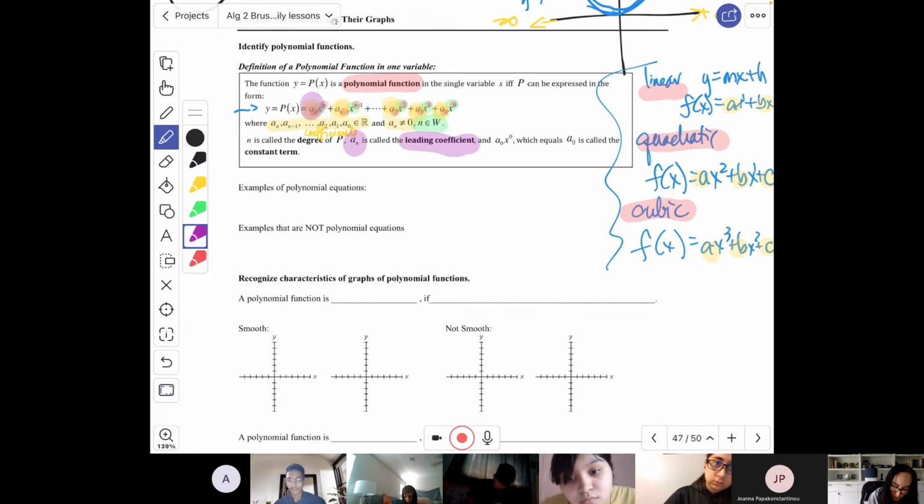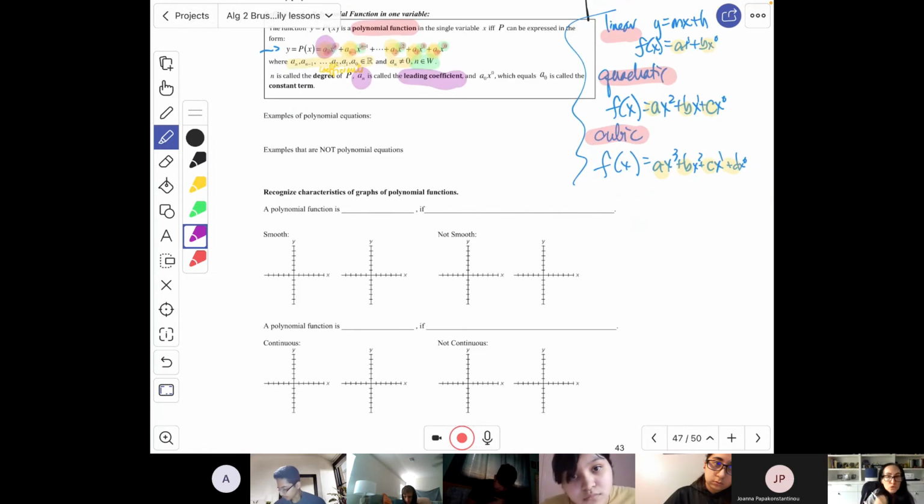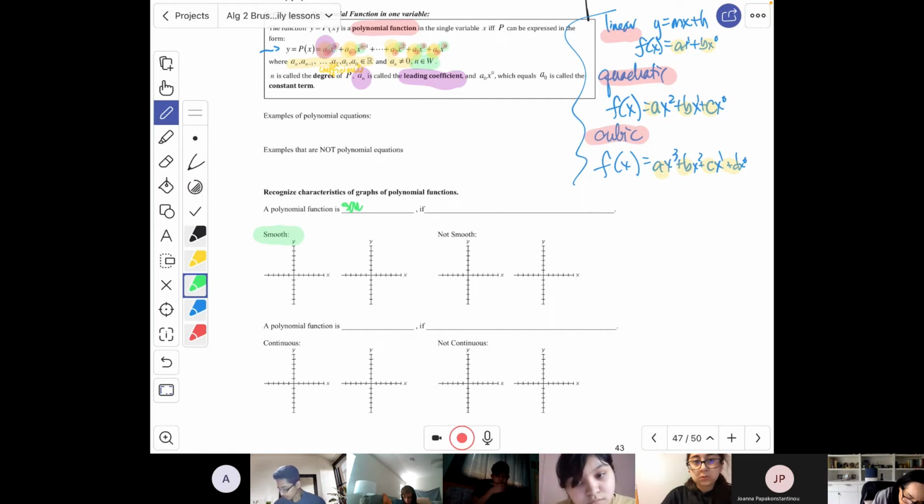Okay, now there's some terms that we use when we talk about polynomials. These are math terms. Smooth: a polynomial function is said to be smooth if it has rounded curves. In other words, there are no sharp corners.